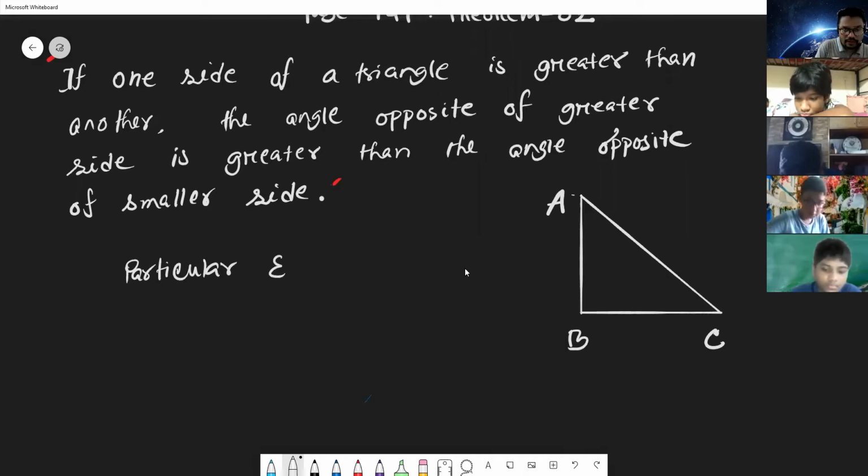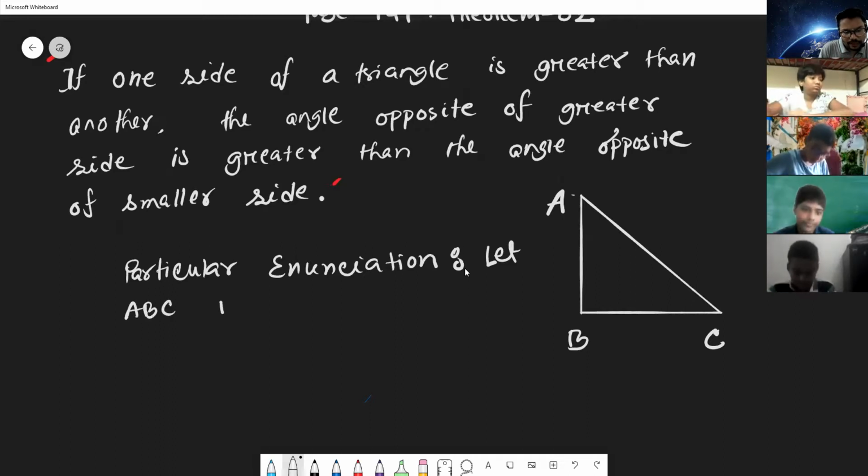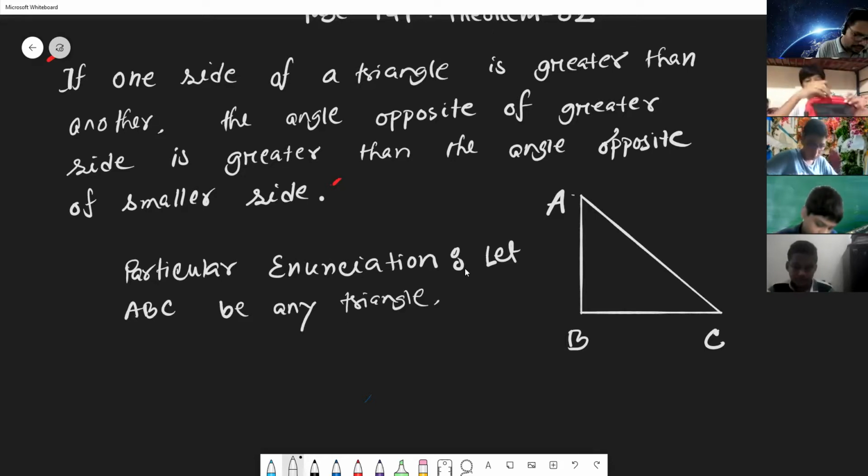That means describe this theorem according to the figure. Let ABC be any triangle.